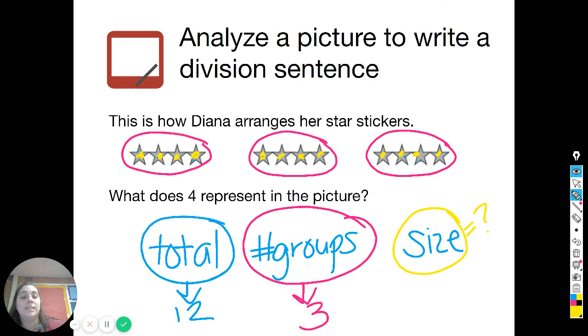The size of each group. Okay, so we have 12 stars total. They're broken into 3 groups, and the size of each of those groups is 4. So if we were looking at this as a division sentence, we would have 12 divided by 3 equals 4.